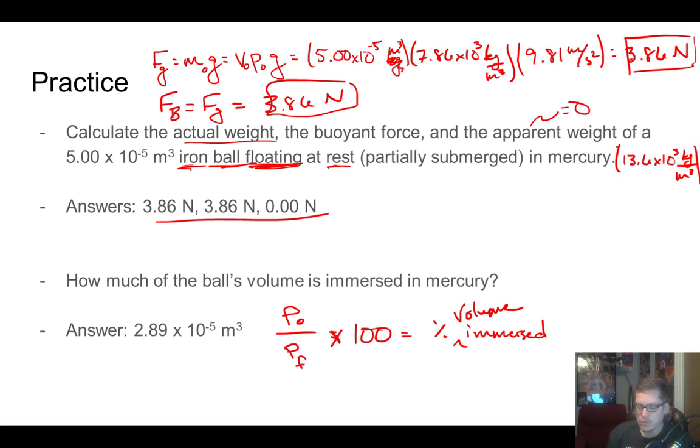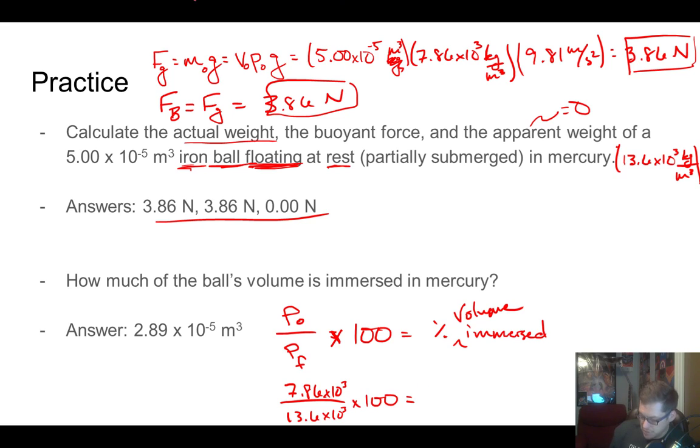So the density of iron is 7.86 times 10 to the third, and the density of the fluid is 13.6 times 10 to the third, and then we multiply that by 100.